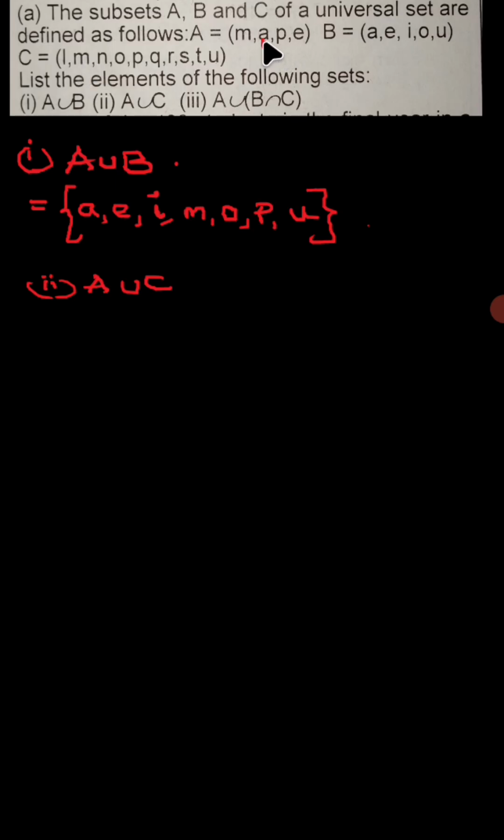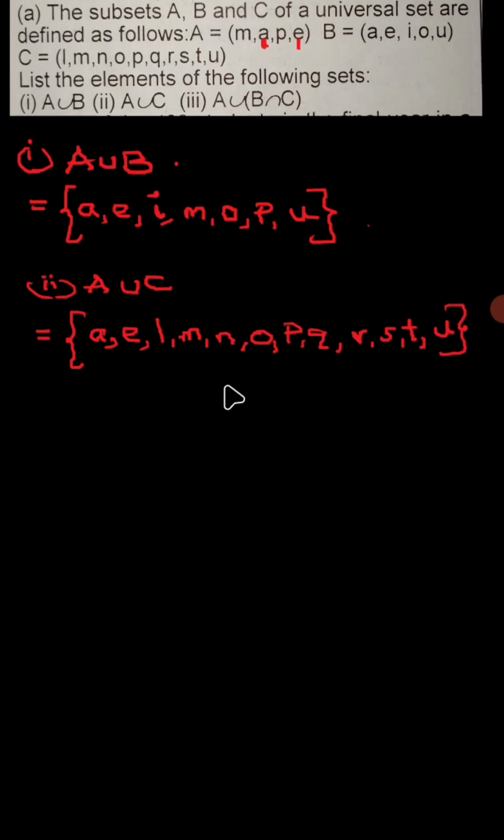A is not there in set C. P is there in set C, but E is not there in set C. So we have A, which is in set A, then E, which is in set A as well, and the rest of set C, which is L, M, N, O, P, Q, R, S, T, and U. And this is it.